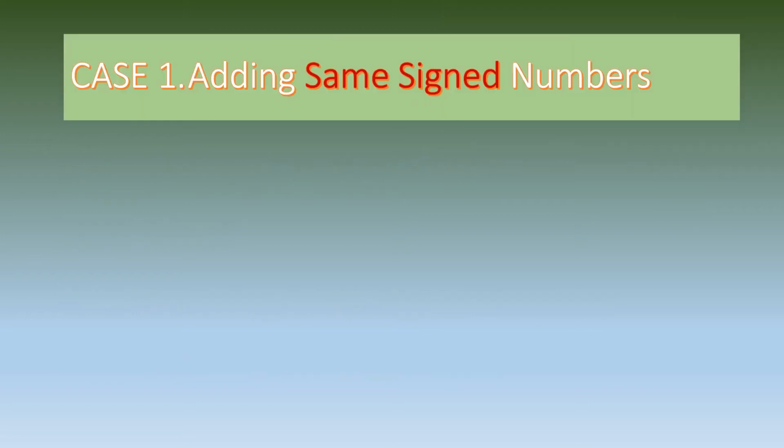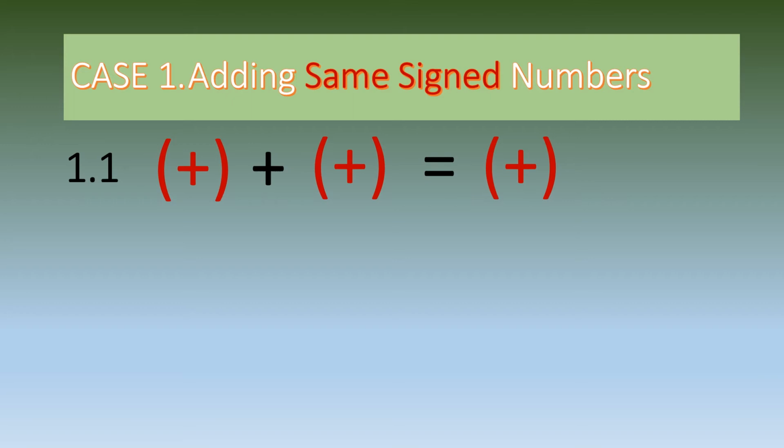Case 1, adding same signed numbers. Case 1 has 2 respective cases also. Case 1.1. Adding a positive number to another positive number would result to a positive answer.